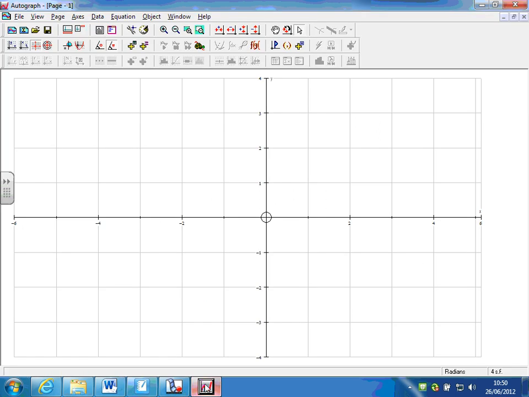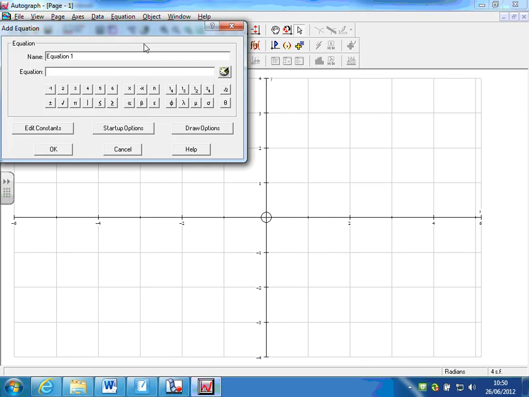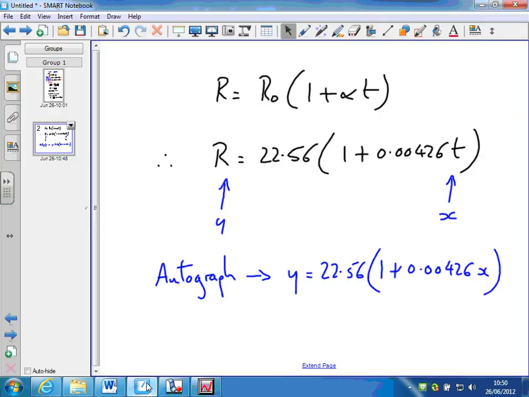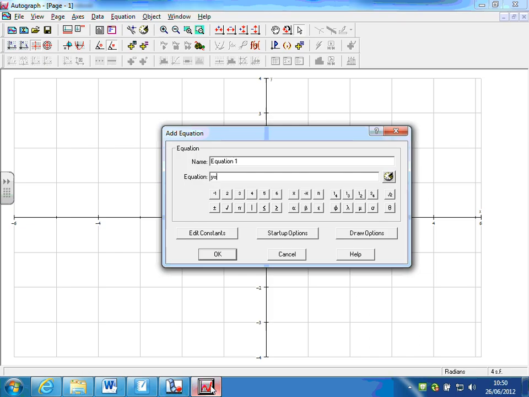To do that, we enter equation, which is this button here, and then we type in y equals R0, which was 22.56, so 22.56, open brackets 1 plus 0.00426x, close bracket.